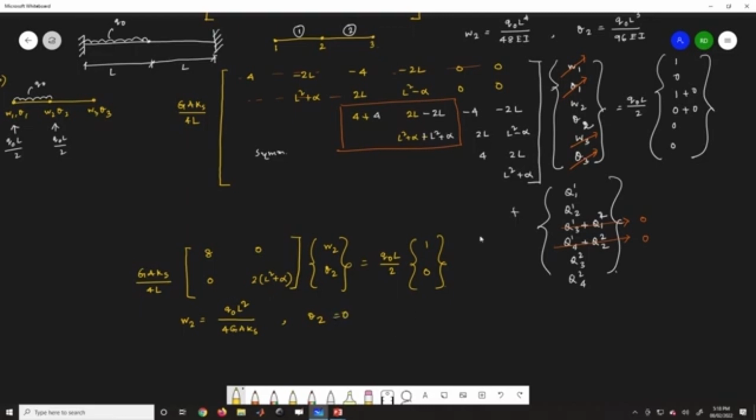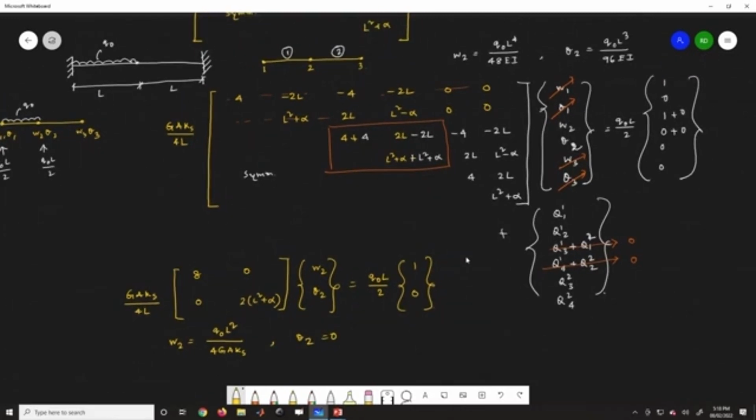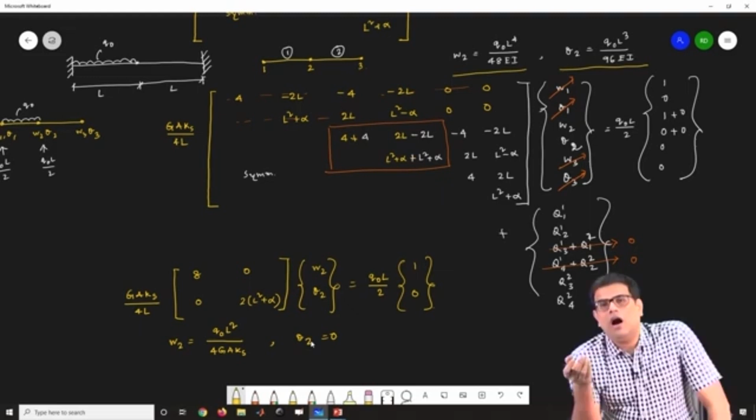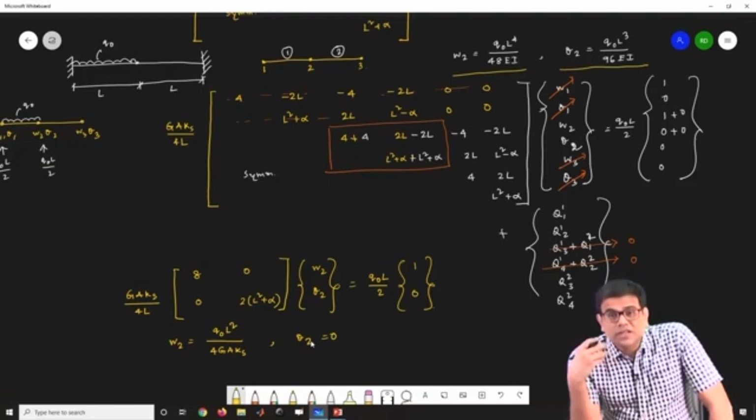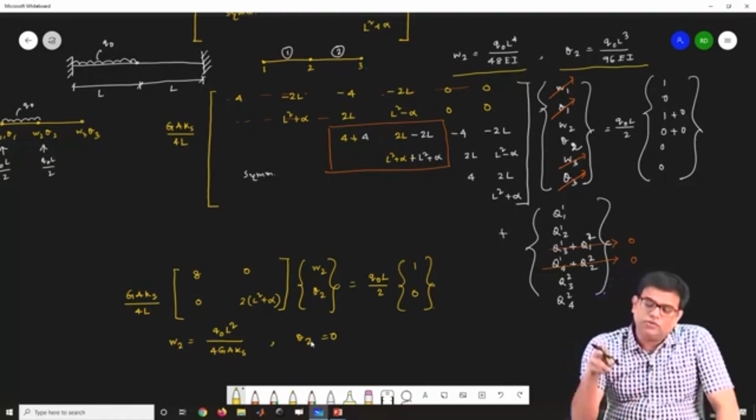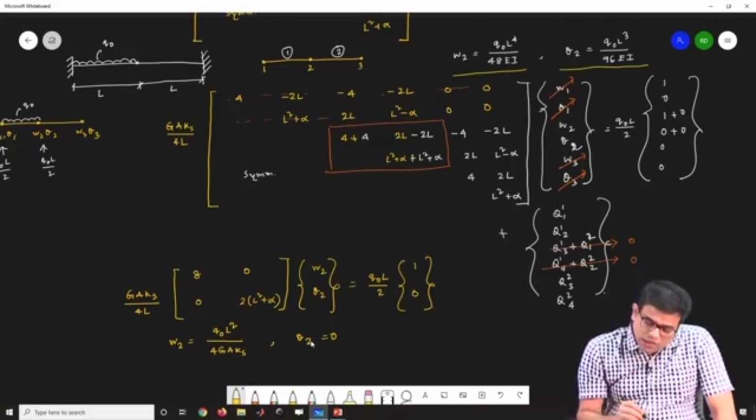Now, if you look at the Euler-Bernoulli beam theory solution, that is no way correct, because this solution, that is theta 2 being 0, is essentially no way correct. But you can try and improve the solution if you take a higher number of elements, or if you increase the number of elements, this solution will approach this solution.